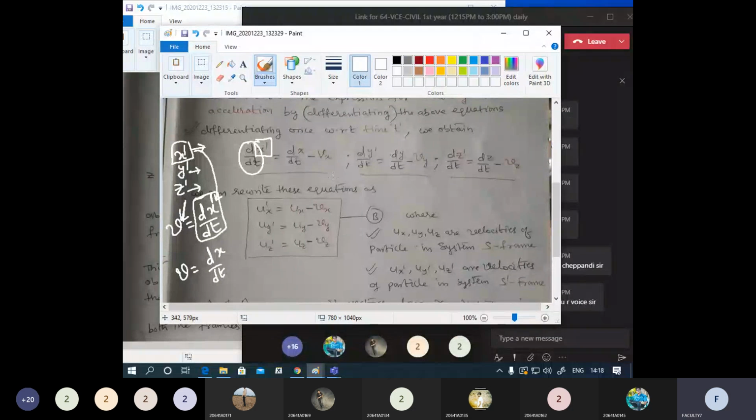Now, what was the equation previously you got? x prime equals x minus vt, where you can take the velocity along the x-axis. Okay, that's the equation. Now, what we are going to do? We are going to differentiate this equation on both the sides. Now, what you will get?